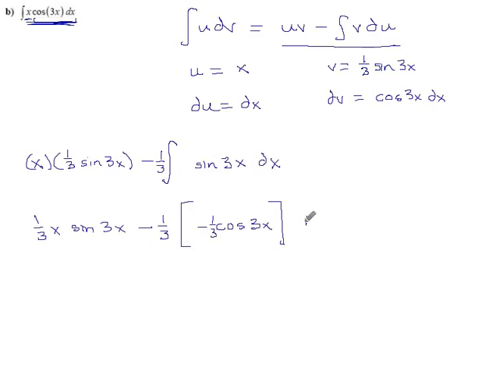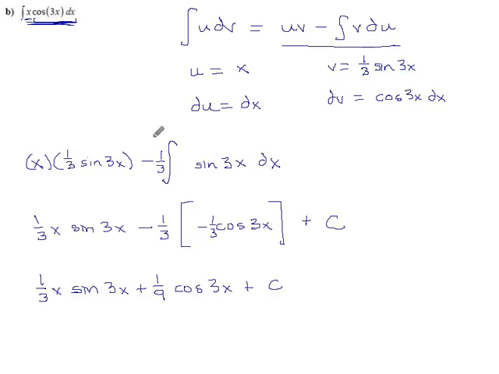And because this is an indefinite integral, we need our plus c on the tail end. So, finished version, 1/3 x sine 3x minus 1/3 times minus 1/3 is plus 1/9 cosine 3x plus c.